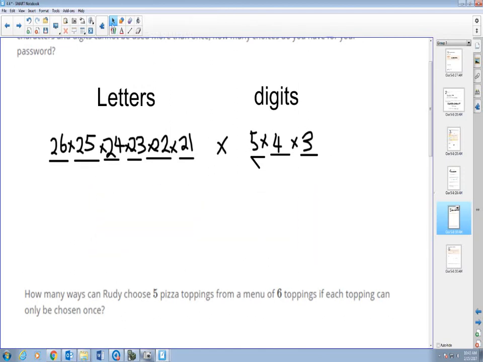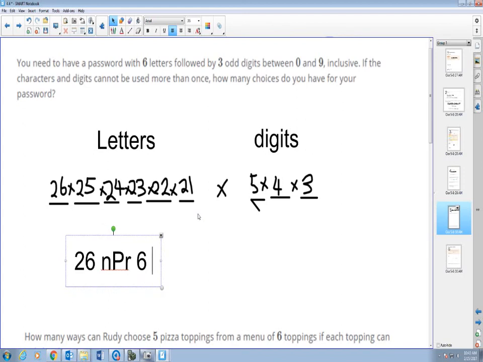So this problem is basically saying we just multiply all of this, or we can see it as 26 letters choosing 6 of them using permutation, because the order actually matters: once I choose one, the next one will be a different one. I'm not going to go back and reuse the same letter again.